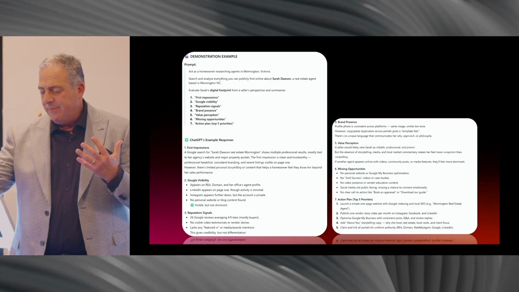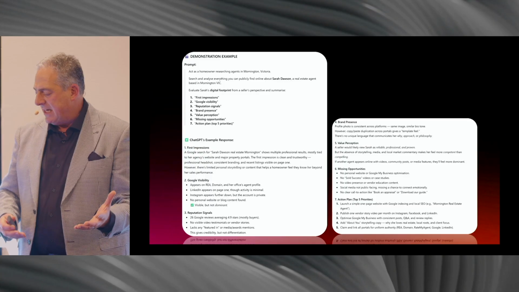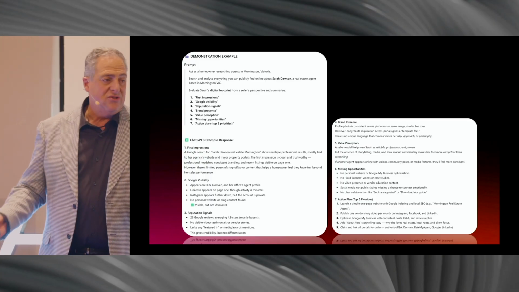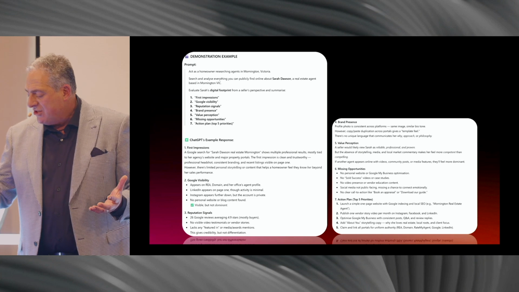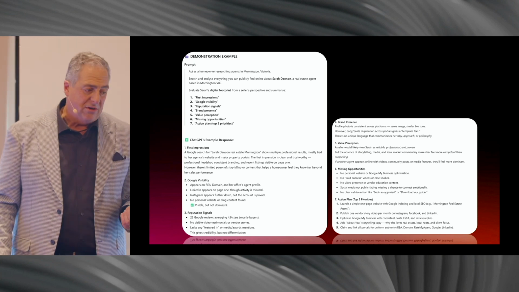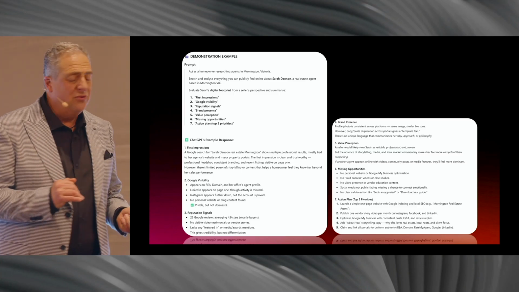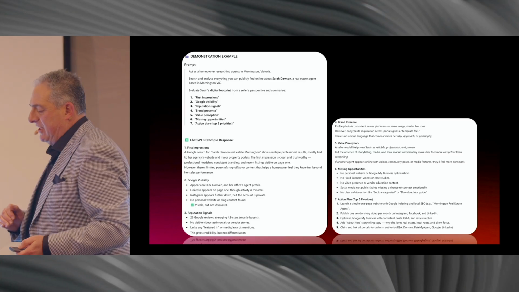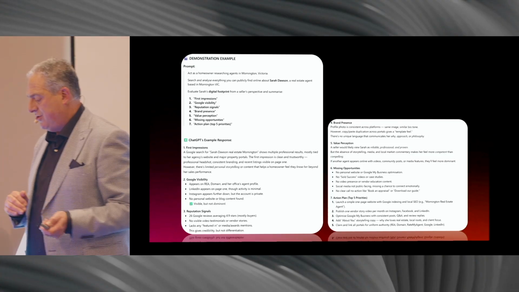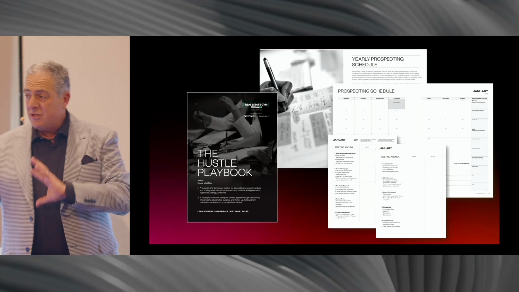And ChatGPT's example response: first impressions, good visibility, reputation, brand presence, value perception, missing opportunities, action plan, top 5 priorities, right? So optimize Google My Business with consistent posts, Q&As, and review replies. That is a really big one, guys, right? So if you haven't optimized your Google, there is a challenge there because you will be lost in the AI search.